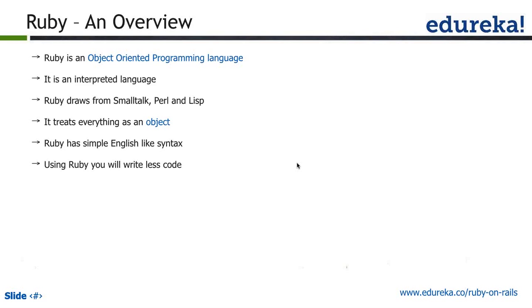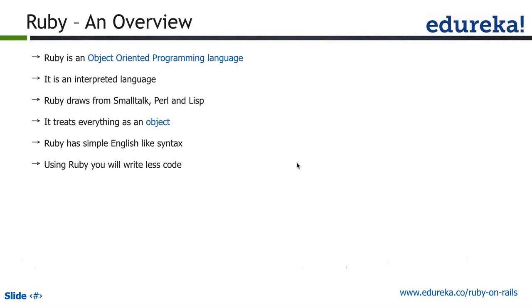So in Ruby, everything is an object. When we say an object-oriented language, just like, for example, Java, Java is an object-oriented language, but even in Java there are primitive types, things which are not objects, right?